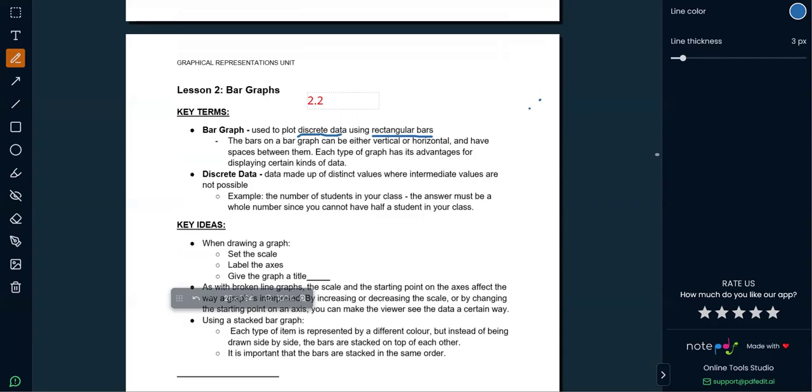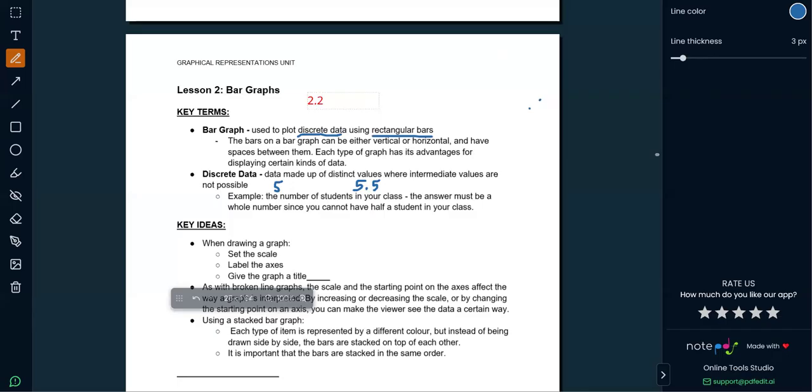So like 5 here is discrete data. 5.5 might not be. If I ask how many people did this thing, you can't say 5.5. So here's an example: the number of students in the class. It has to be a whole number. You can't have half of a person.